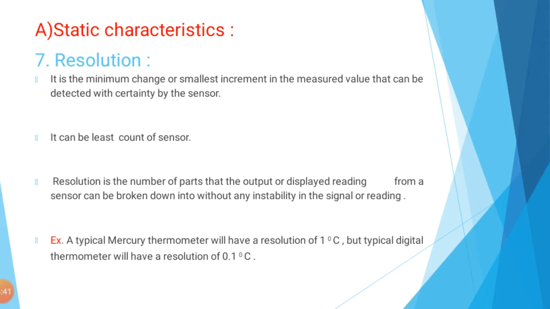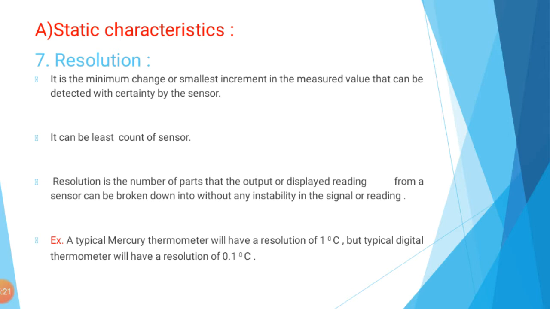The analog mercury thermometer can measure a minimum temperature change of 1 degree Celsius, while the digital thermometer can measure 0.1 degree Celsius. This is about resolution, a very important characteristic of a sensor, for the input.